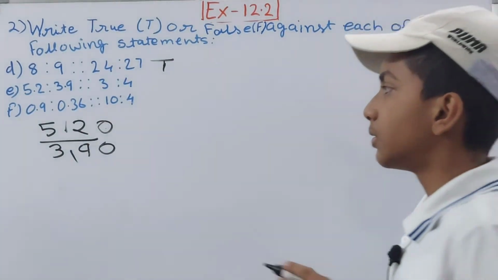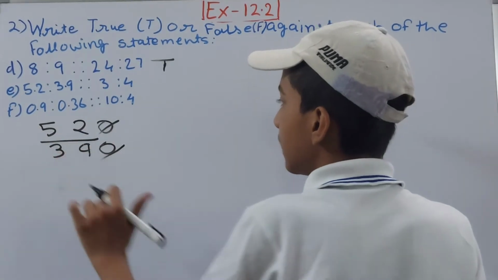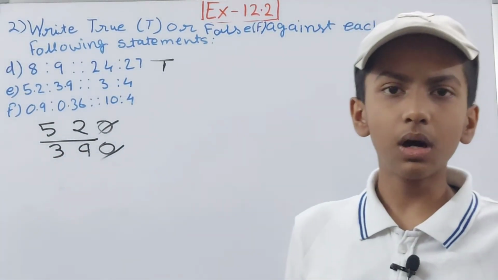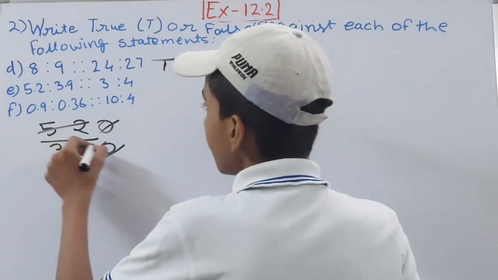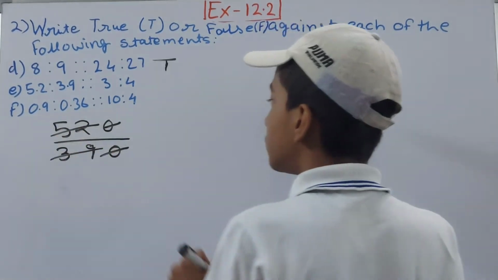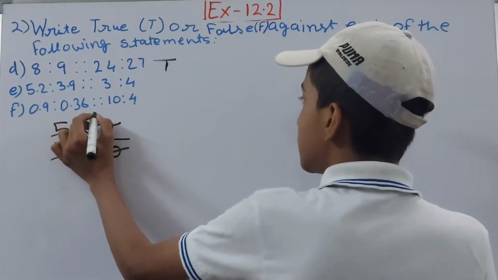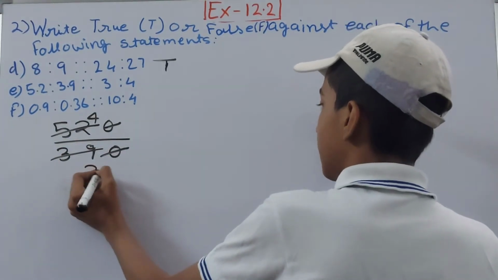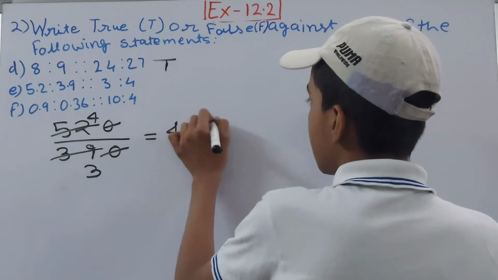Now you cut this 0, cut this 0, so what you clearly get is 52 upon 39. Now you will solve this. 52 and 39 are both divisible by 13. So 52 goes 4 times, 39 goes 3 times. So you get 4:3. This is one ratio.